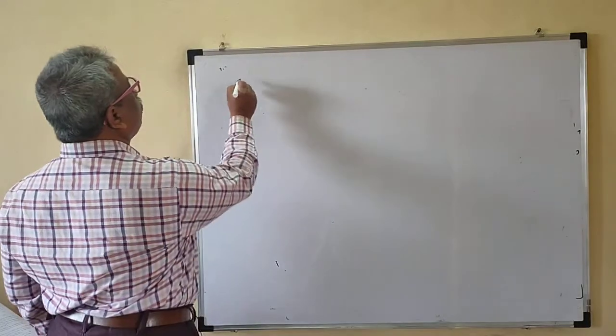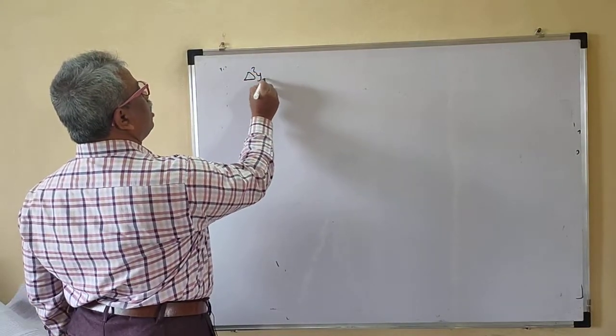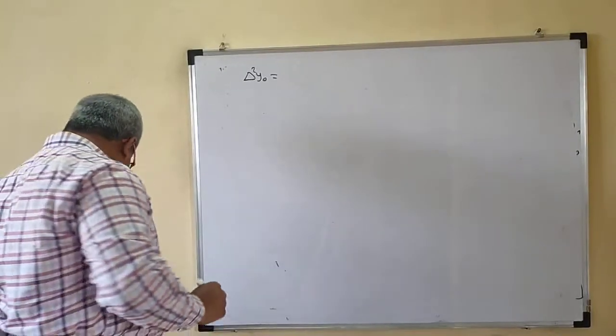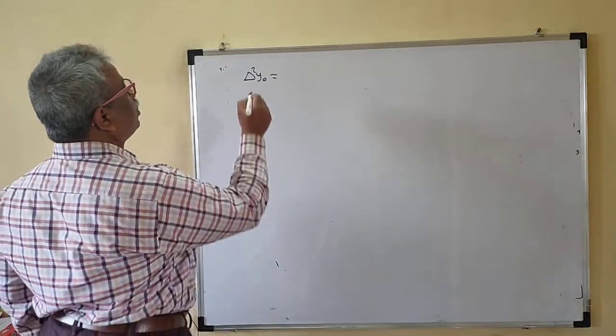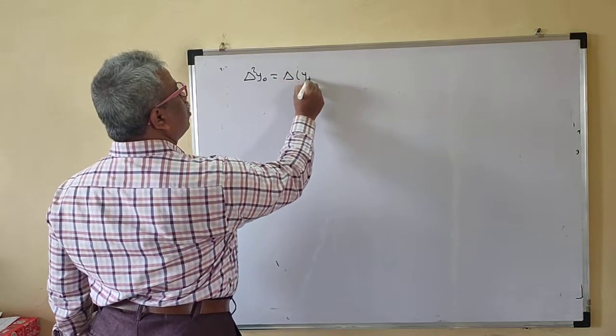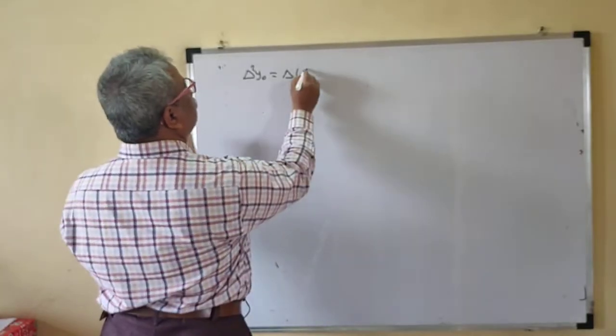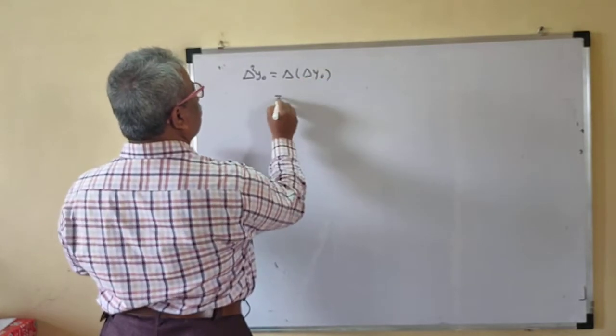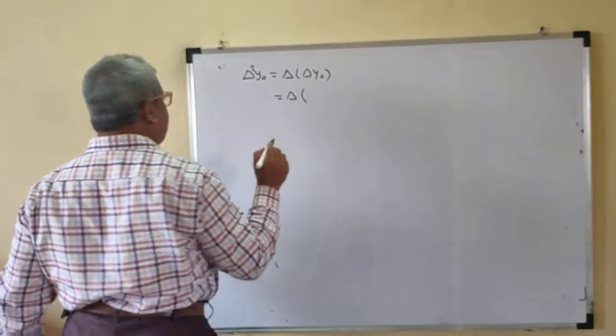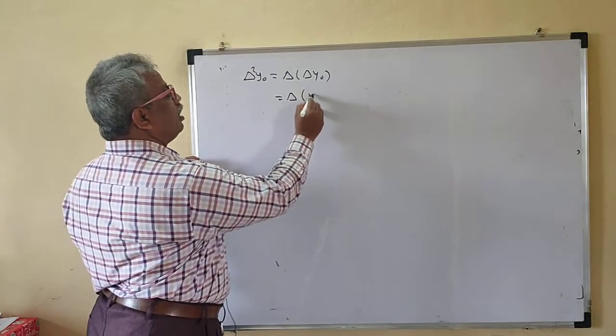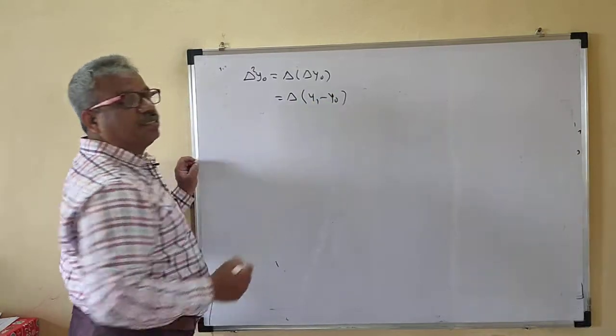Okay, so second we will do this. This is the second forward difference operator, delta square y0. You have to add 1 here, then subtract this as it is.